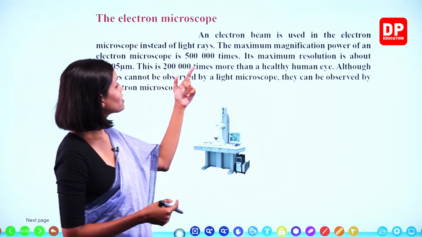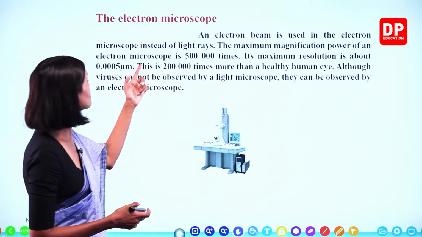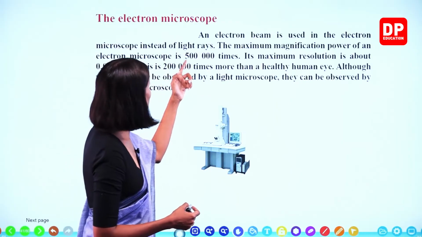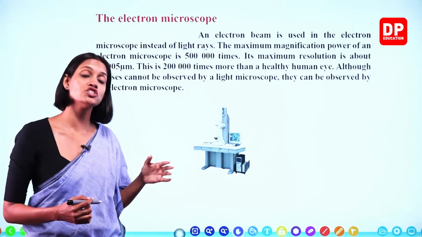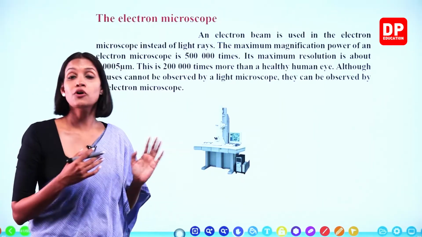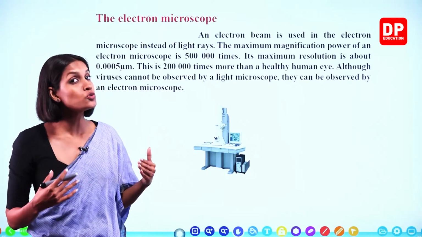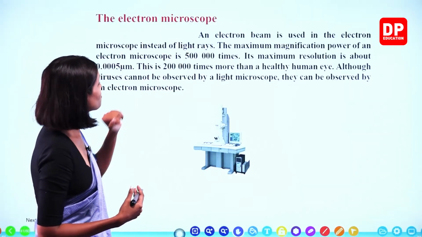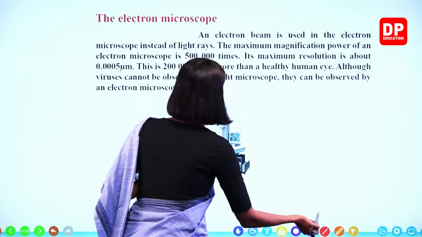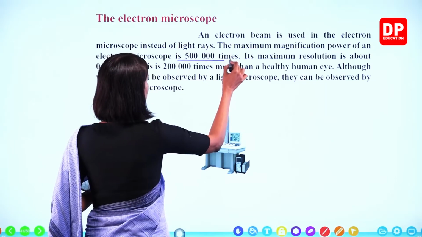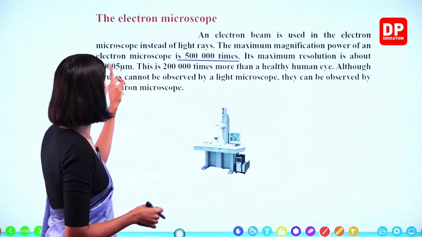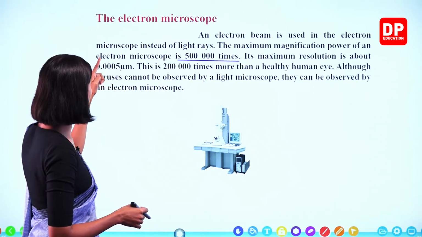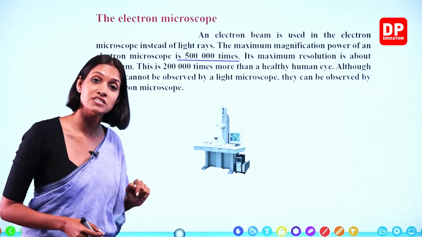The maximum magnification power of an electron microscope is 500,000 times. Do you remember the maximum magnification of the compound light microscope? It's only about 2000 times. This is 500,000 times. And its maximum resolution is about 0.0005 micrometers.